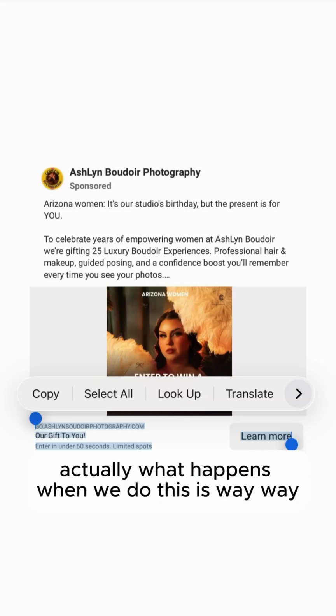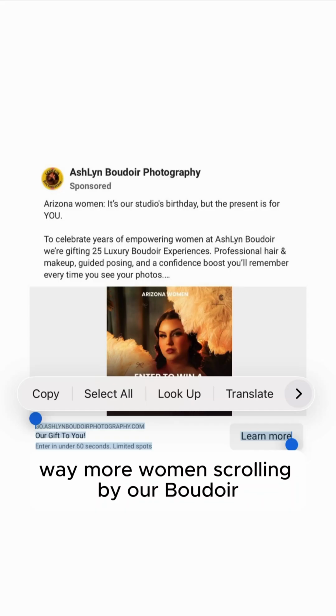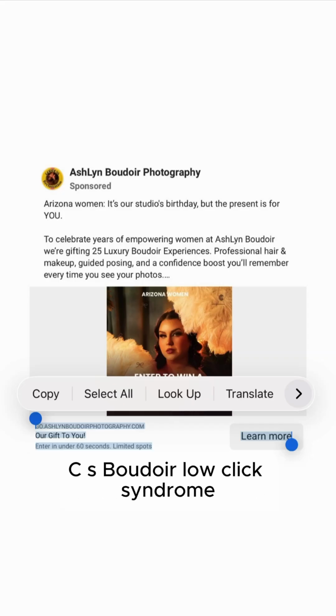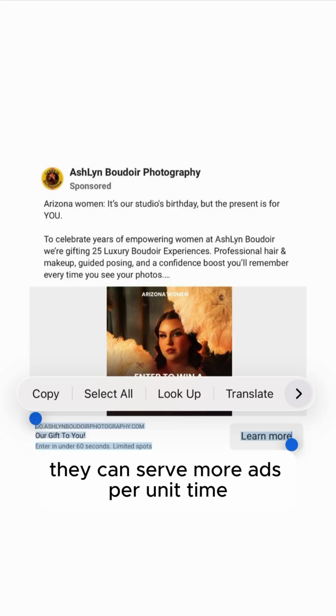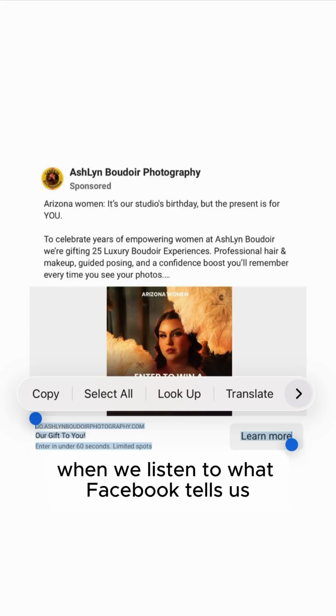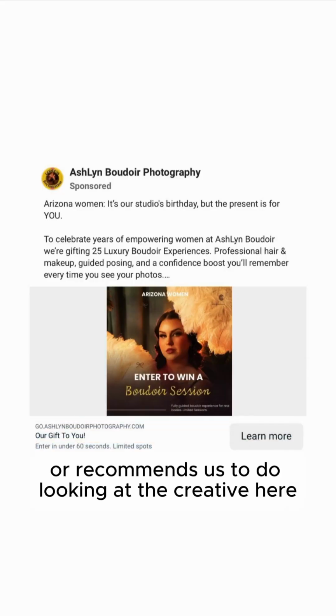What happens when we do this is way more women scrolling by our Boudoir Facebook ad than necessary, pulling our unique CTRL under 6%, contributing to BLCS, Boudoir low click syndrome. But Facebook loves this because they can serve more ads per unit time and make more money per unit time, but we're wasting more money per unit time when we listen to what Facebook tells us or recommends us to do.